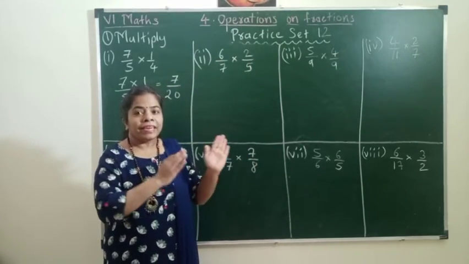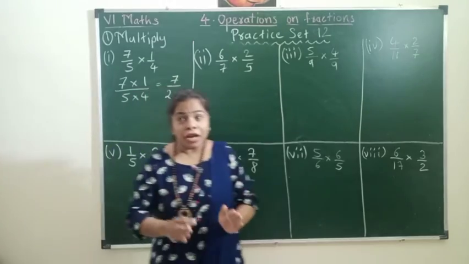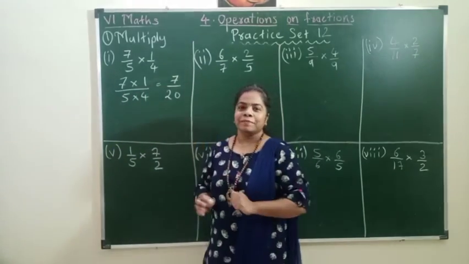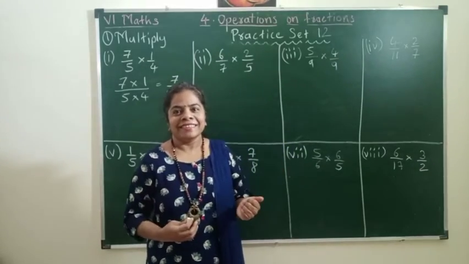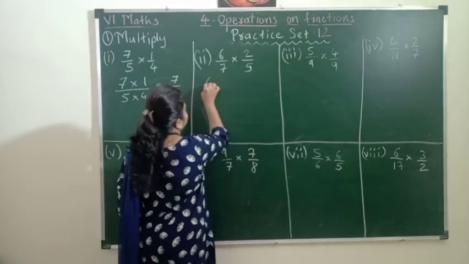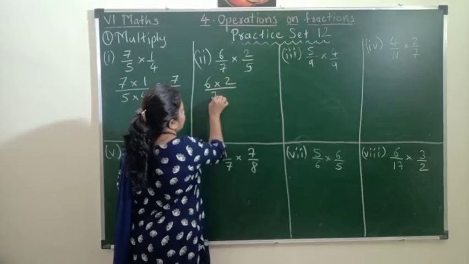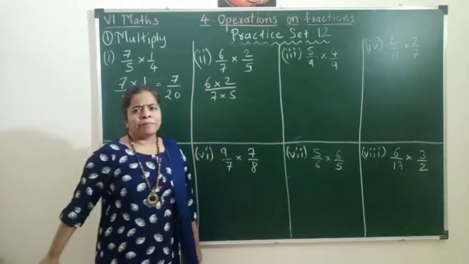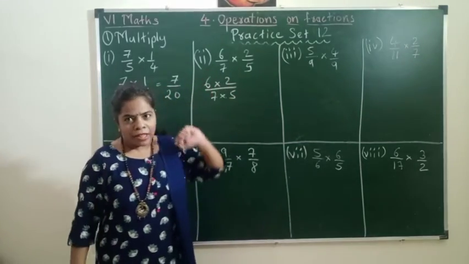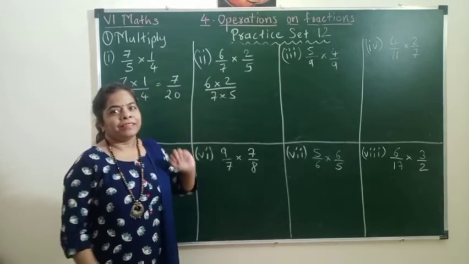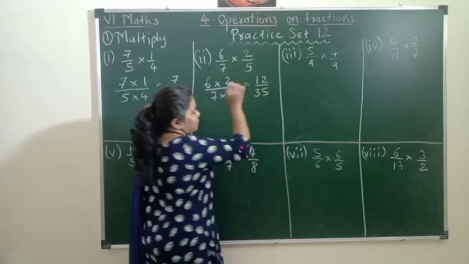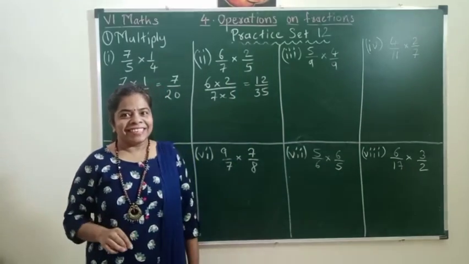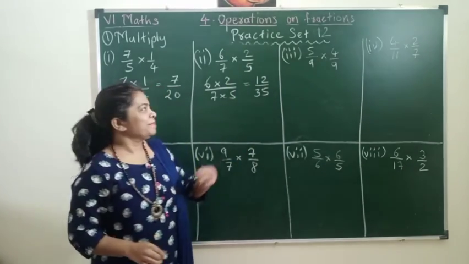So, we can directly multiply, the same way we did before, because nothing is getting cancelled. Multiply. 6 2s are 12, 7 5s are 35. Over. Isn't it easy?